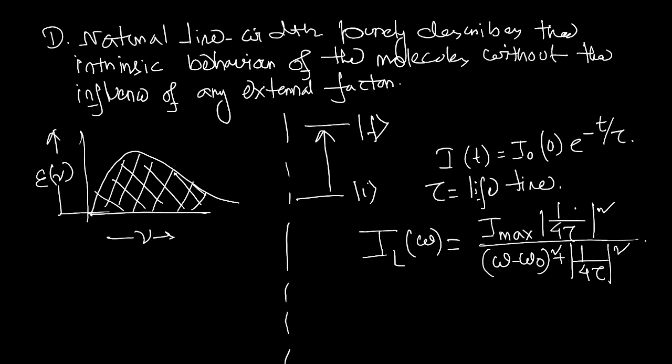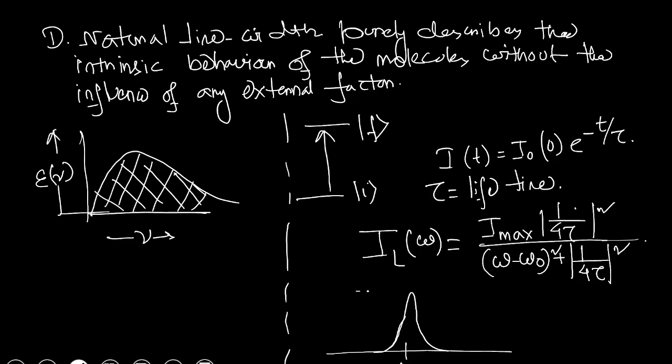So the Lorentzian function is nothing but the Fourier transform of the exponential function. If we look at the graphical view of the intensity, at central frequency omega 0, this will be the I max and this is the line shape.